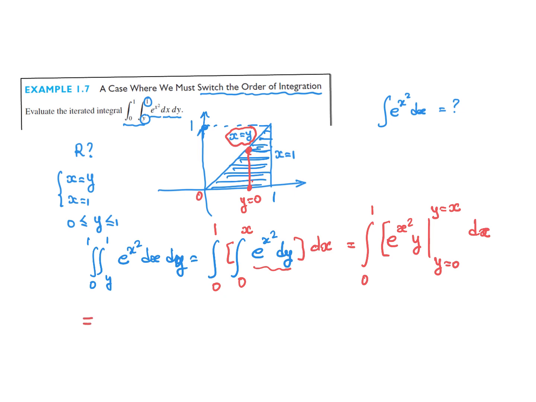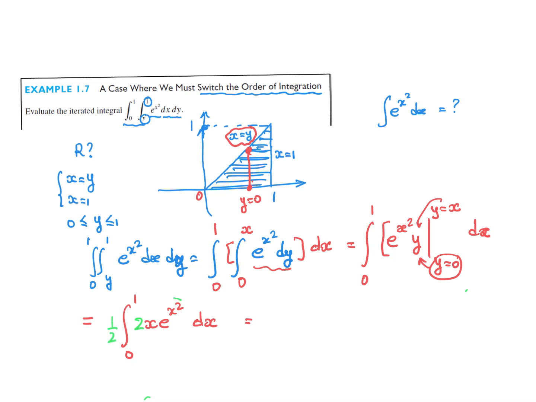Now it's okay, because this integral is just e to the x squared multiplied by y from y equal to 0 to y equal x, and then dx. So that's going to give us the integral from 0 to 1 of x e to the x squared when you substitute, and y equals 0 gives 0, so this is dx. Now this integral is okay, because I can introduce 2 here and a half.